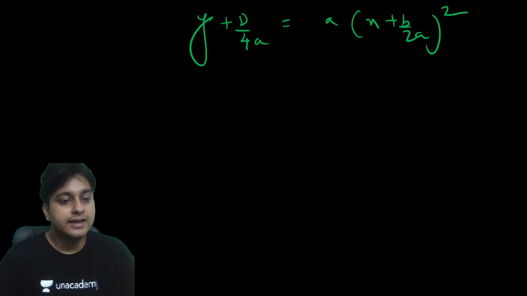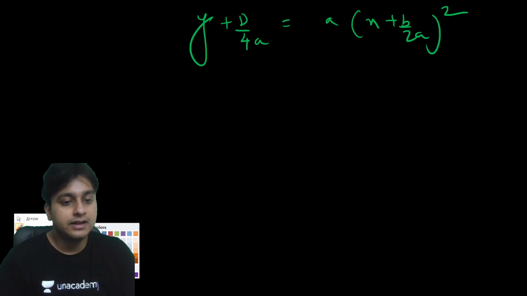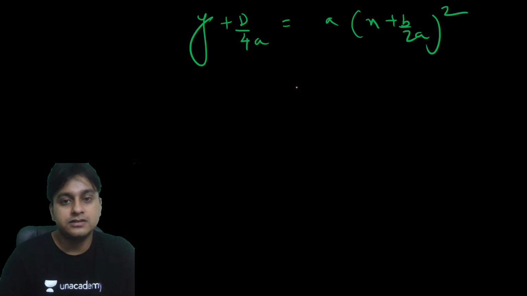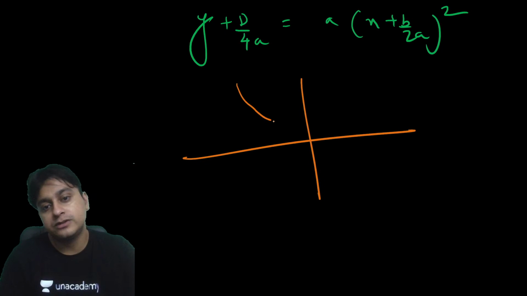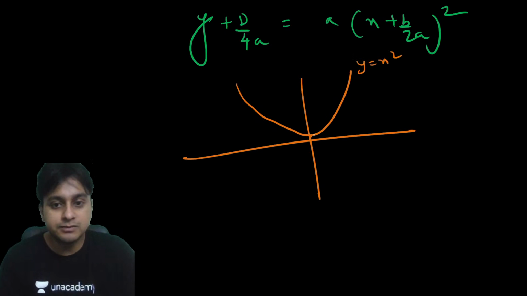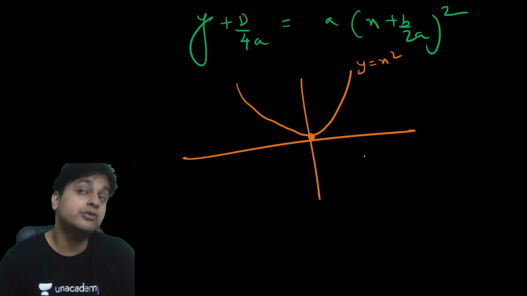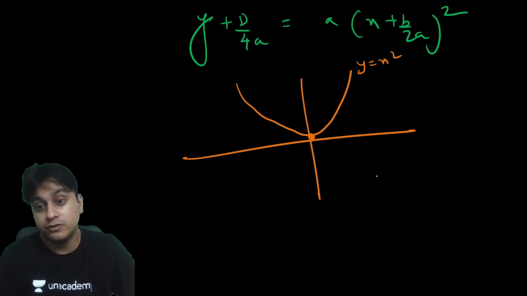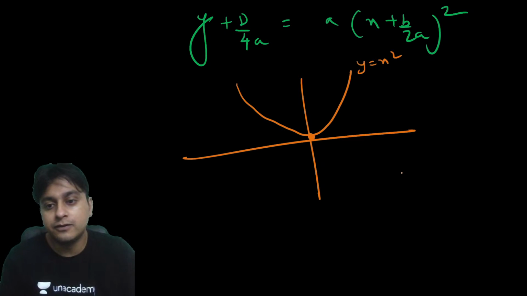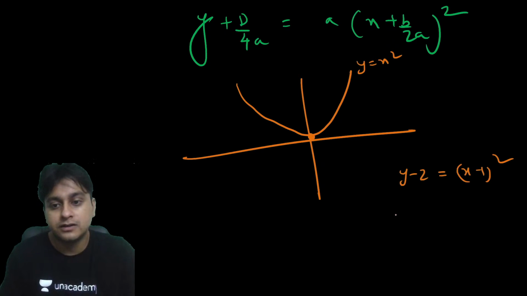Now guys, it's a very basic concept that, let's suppose we have a quadratic equation y equals x square, the graph is like this, isn't it? Now let's suppose I shift the graph 1 unit to the right and 2 units up. Then the graph is y minus 2 equals (x minus 1) the whole square.